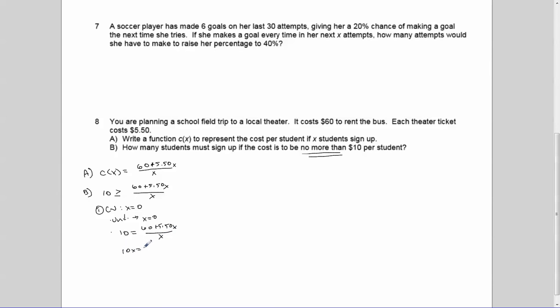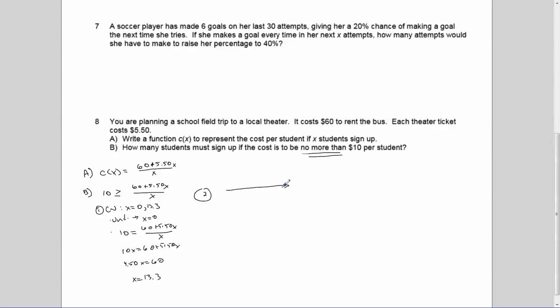So we'll have 10x equals 60 plus 550x. Subtracting that 550x, we end up with 450x equals 60. So x equals 13.3. So these are the critical numbers.